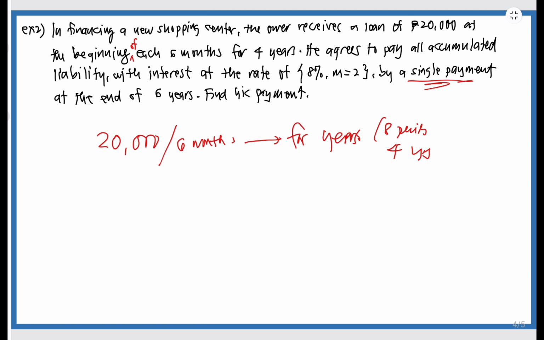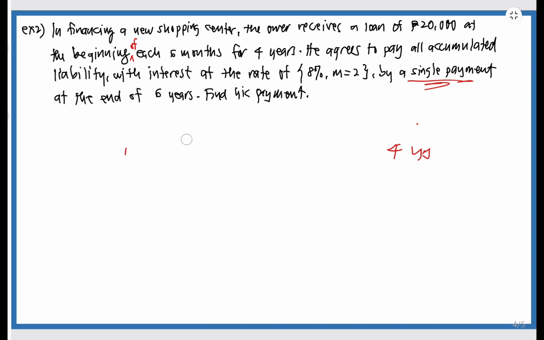Okay. So he has a loan of 20,000 per every 6 months. He will receive this for 4 years, but he's going to pay only at one time, at the end of 6 years. So what do we do? First, we need to know the value of the loan in total, right?